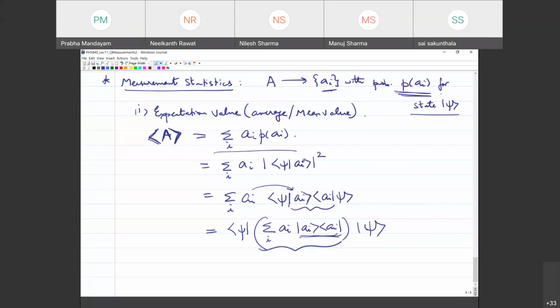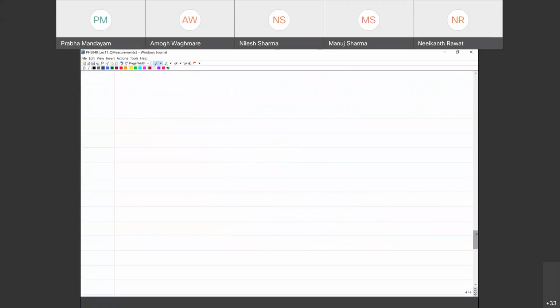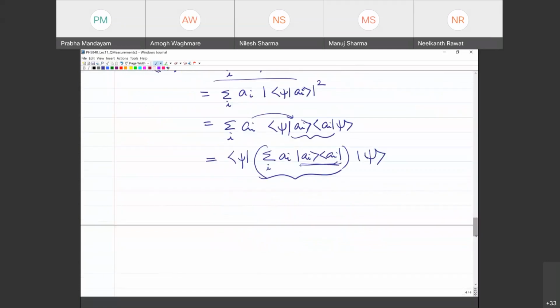They are the eigenvalues of A. So what is this? It's the spectral decomposition of operator A, the diagonal representation of operator A. Indeed. So this is nothing but the spectral decomposition of operator A.